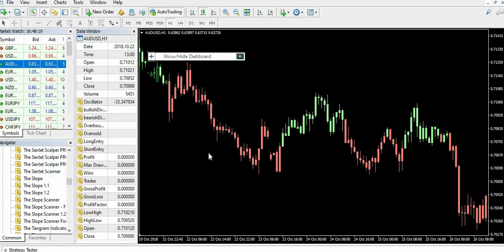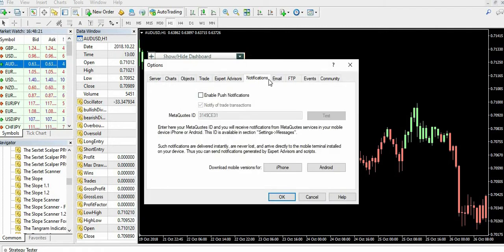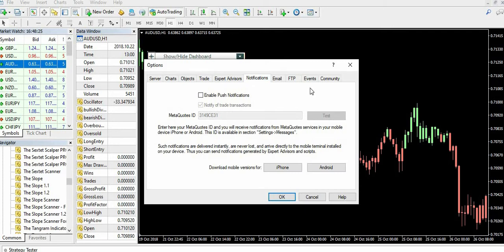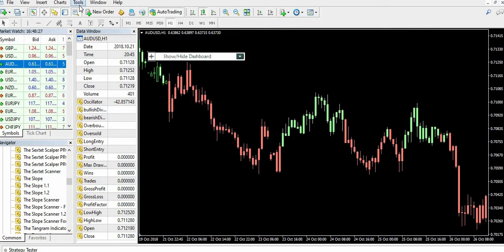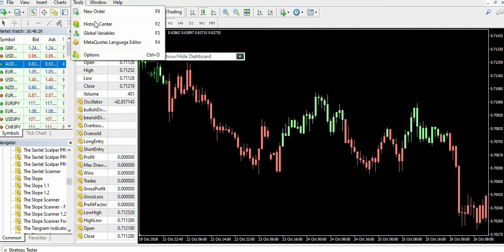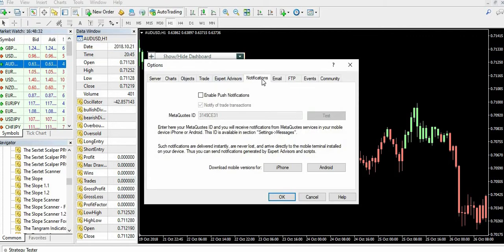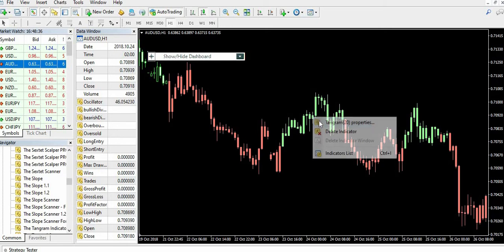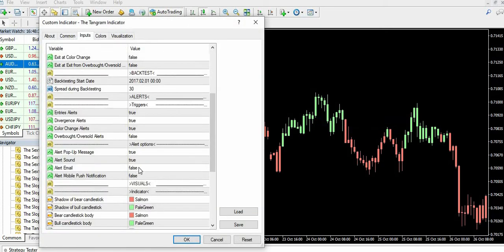You just have to go to options, notifications, and email, and just put the settings here. I did this by clicking Control O, but you could go to Tools, Options, and you will see here notifications and emails. Set them up and then enable these alerts here, and you could get the email and push notification alerts.